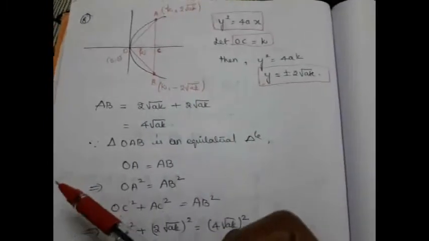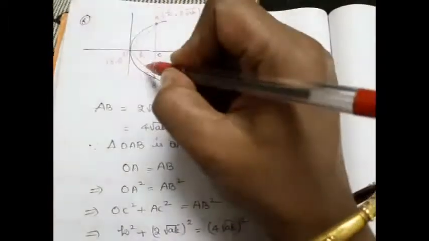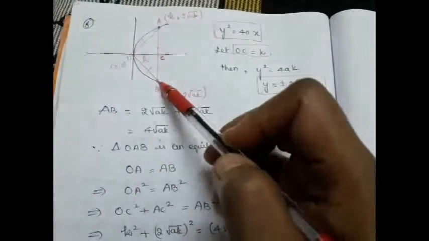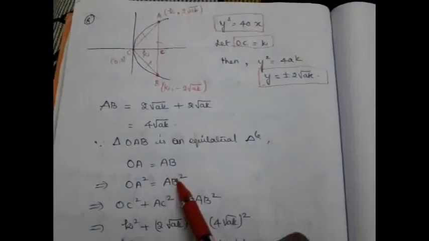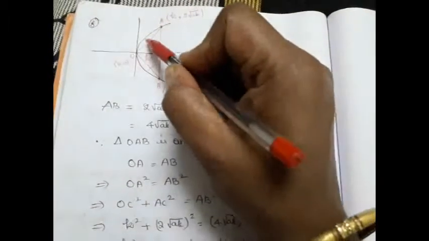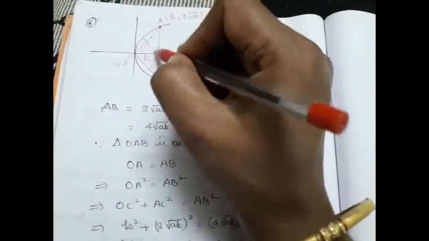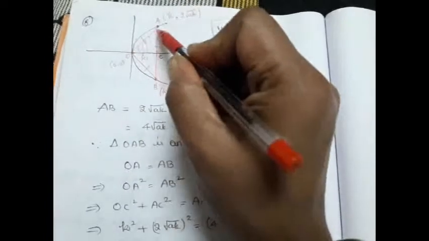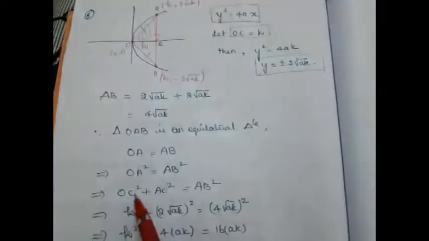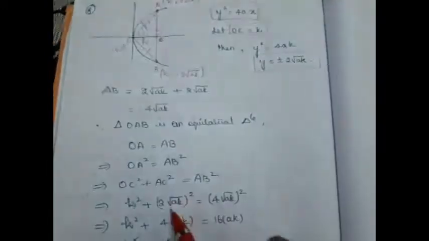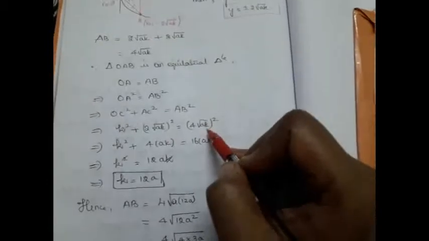And since it is an equilateral triangle, all the three sides will be equal, right? So OA will be equal to AB. Squaring on both sides, OA square will be equal to AB square. But OA square can be written as, because this is a right triangle, OC square plus AC square. What is OC square? k square. AC is 2 root ak. Right? So k square plus (2 root ak) whole square equal to AB square.